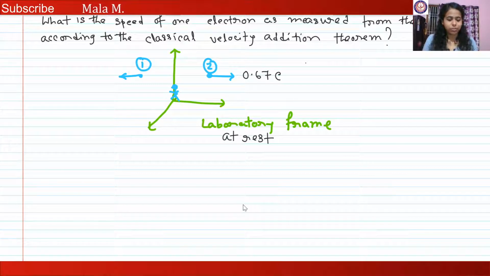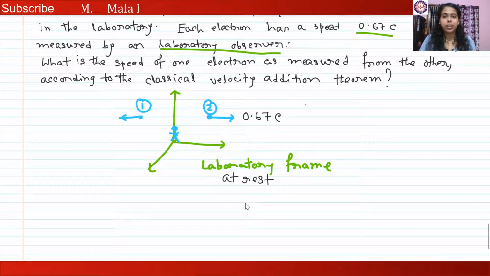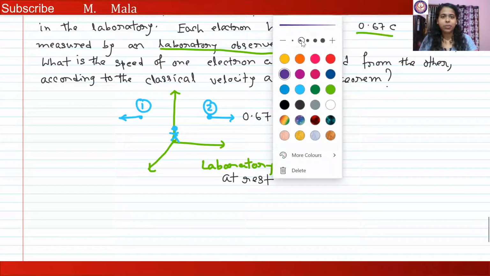Now the question is, what will be the velocity or speed when measured from another electron? That means in the second case, what do I have to do?